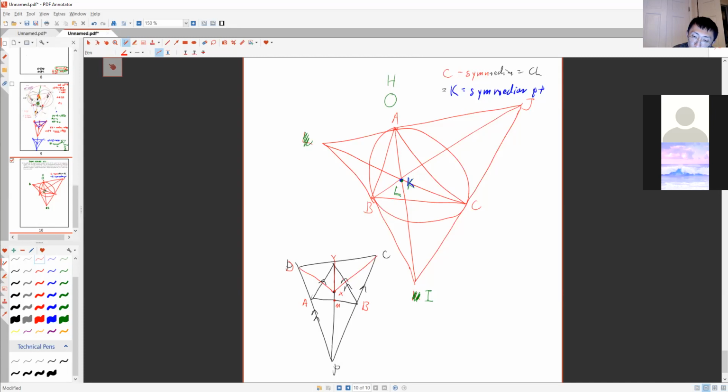So you should be able to compute the ratio of this angle to that angle, or the ratio of the sines of those two angles, if it's actually the symmedian point. The problem is we don't actually know any of the side lengths of PCD, so that's kind of annoying.